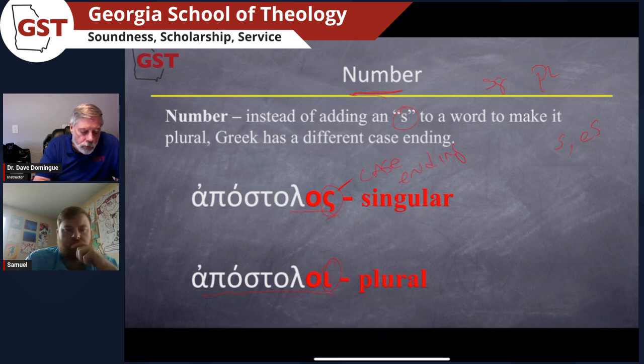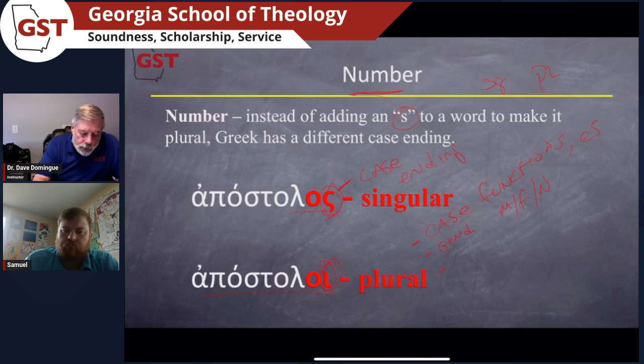Okay? So our case ending gives us case. Case is how it functions: it's either going to function as the subject, direct object, possessive, or indirect object. And we have gender, which is either going to be masculine, feminine, or neuter.